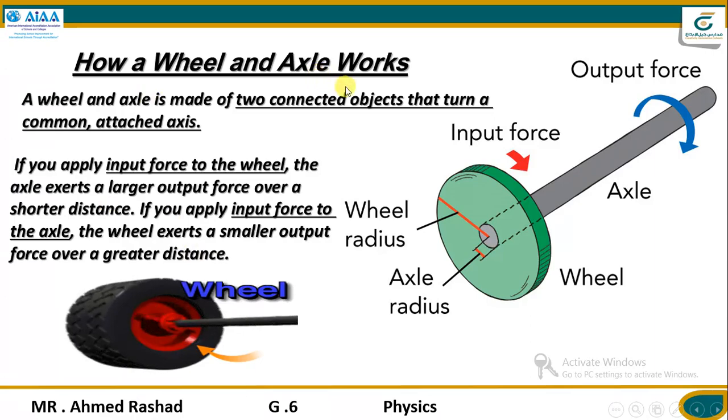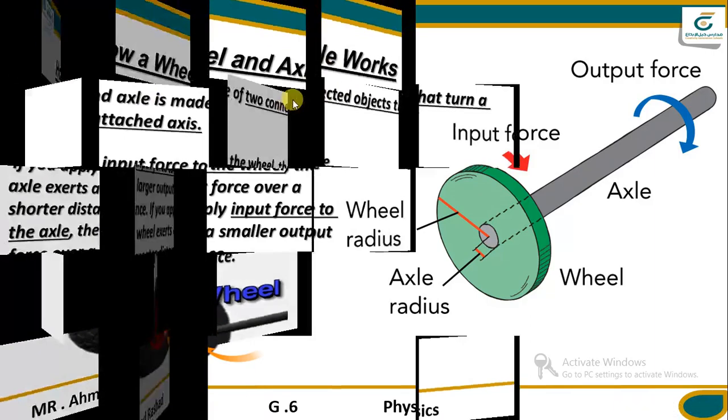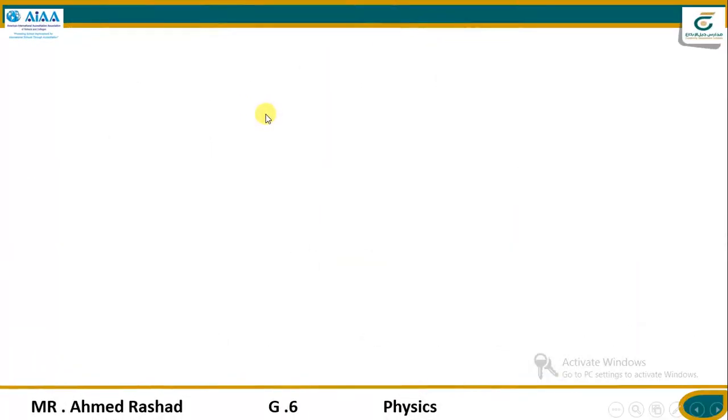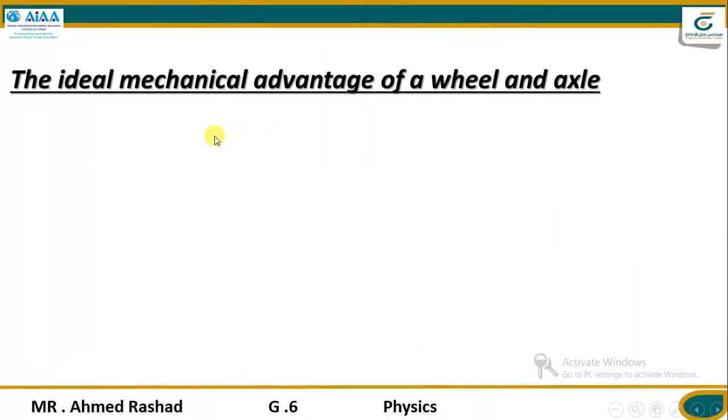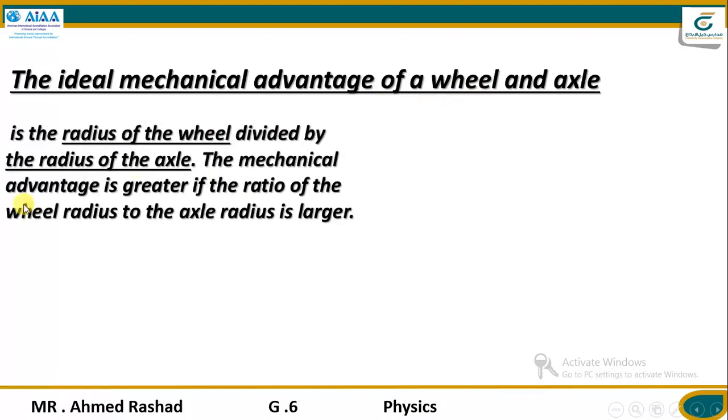Now we can go on to calculate the mechanical advantage. How can we calculate the ideal mechanical advantage between the output force and input force in a wheel and axle? Actually, we can use the radius. The radius is equal to half of the diameter of the axle or wheel.